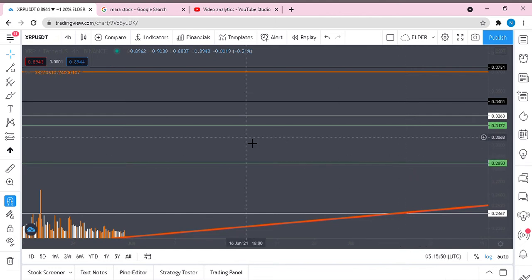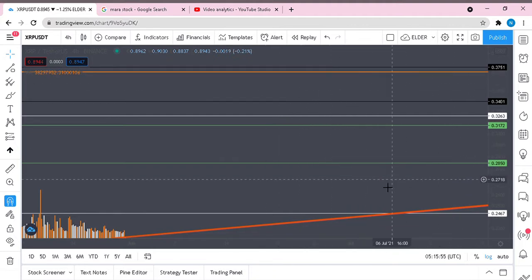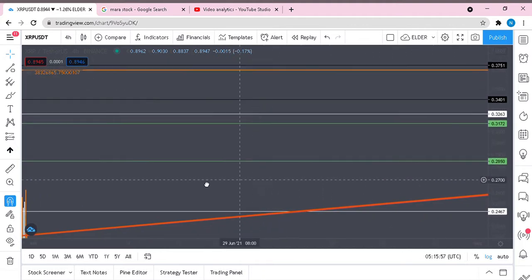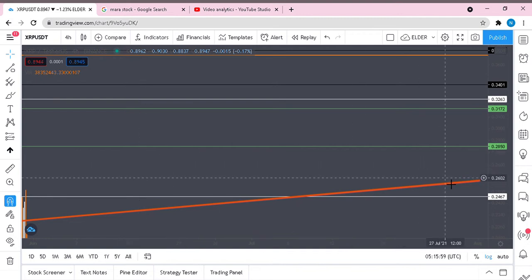Because imagine, while it is doing all that, it's going to move on the time axis too. So while it is moving on the time axis, it'll pretty much land on this level where it meets this trend line right here.